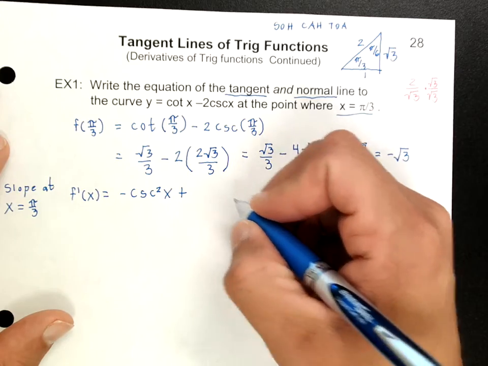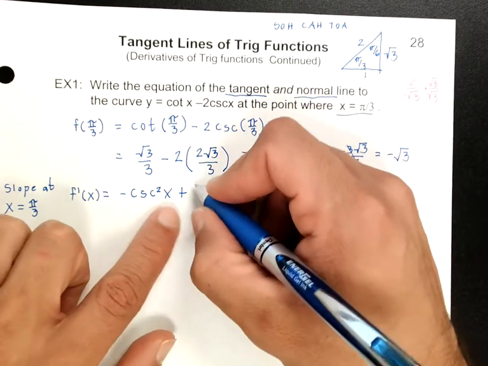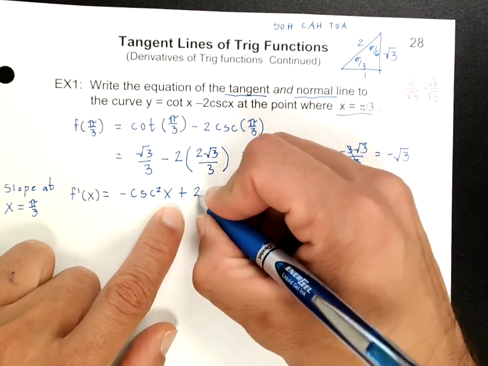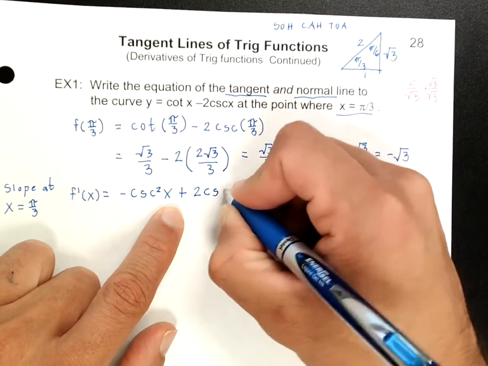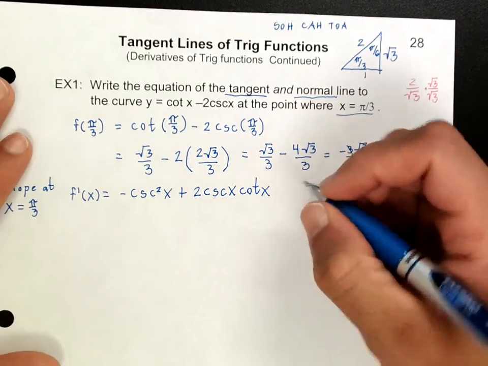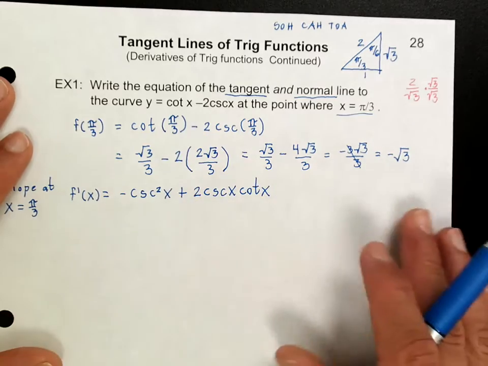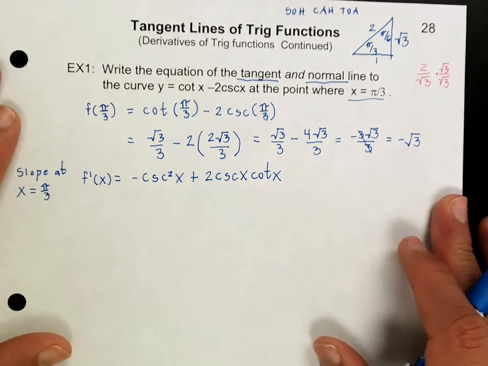Oh, wait a minute. Oh, yeah, I already made it negative, and negative makes it a positive. I was wondering how I got that. Should have never questioned myself here. So that's what I have. Remember, that's a negative, but because I have a negative here originally, that became a positive. So that's the derivative.